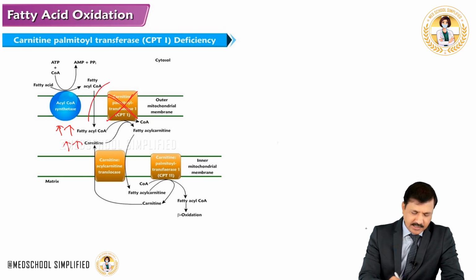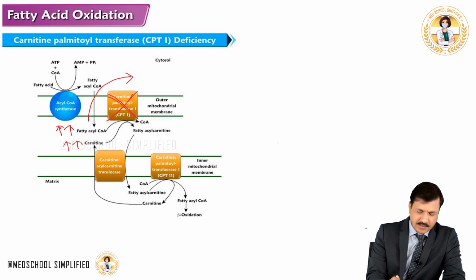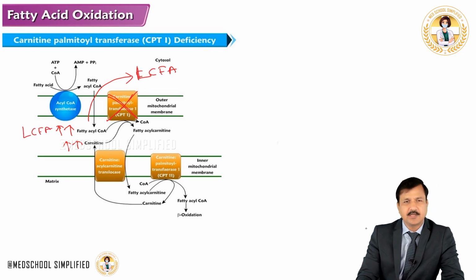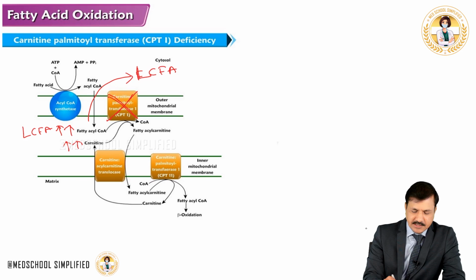So fatty acyl-CoAs will come into the cytoplasm. We have especially long chain fatty acids, because these are all LCFAs, coming into the cytoplasm, and these long chain fatty acids will go into the blood. So you are going to find them at increased levels in the blood.